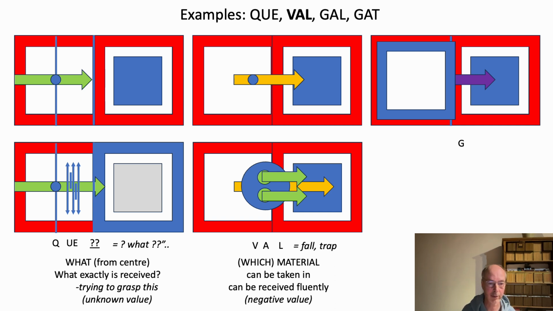I don't remember what the English word is, but probably you know already what I'm talking about. Where you can catch the rabbit in it. So that's also the same word, a Dutch word. So here it is about the material. Which material can come in? That is basically what it is saying.